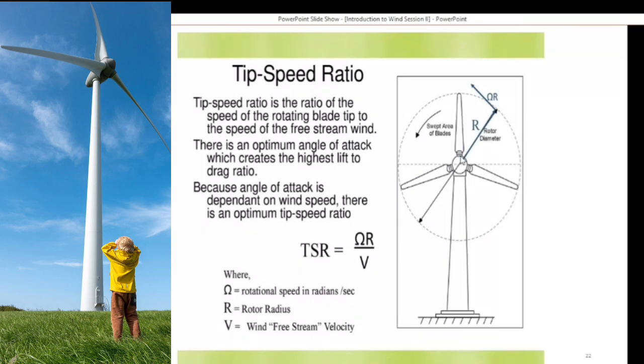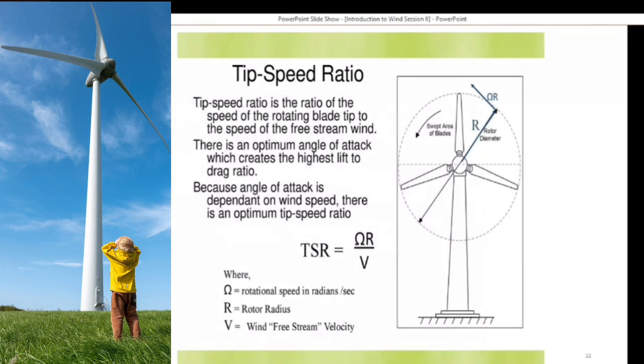So the tip speed ratio is the ratio of the speed of the rotating blade tip to the speed of the free stream wind. There is an optimum angle of attack which creates the highest lift to drag ratio. Because the angle of attack depends on wind speed, there is an optimum tip speed ratio.